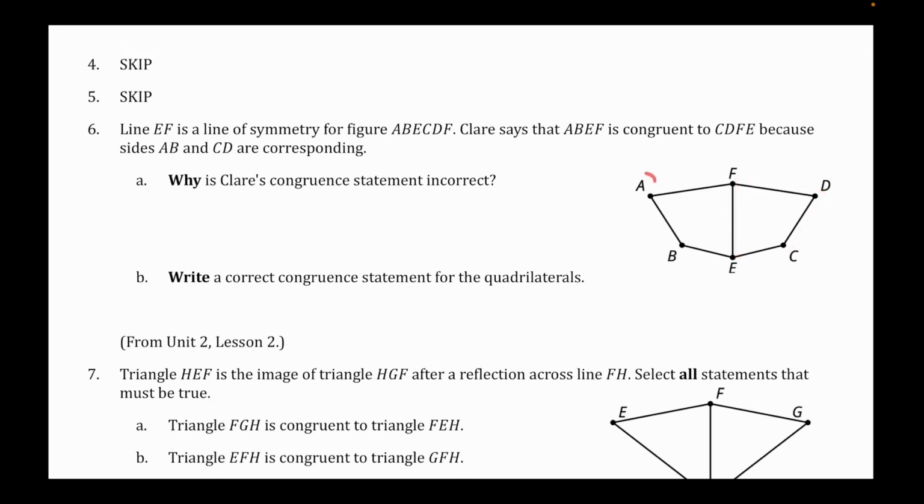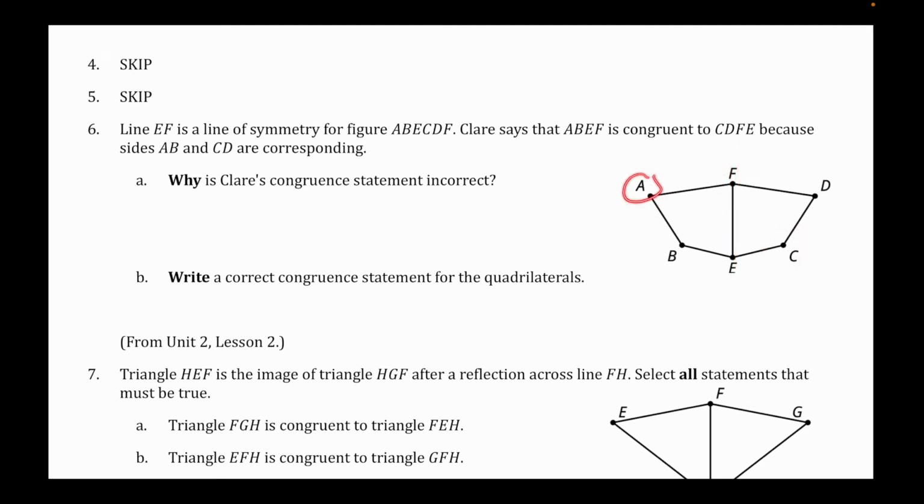Well, first off, she's starting at vertex A, and then she's starting over here at vertex C. But because this is a line of symmetry, those are not going to reflect onto each other.